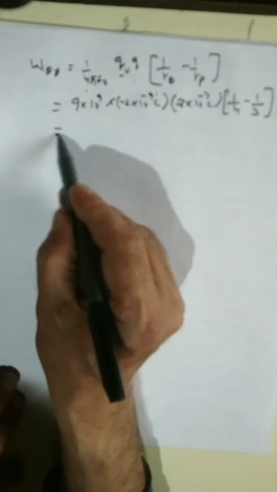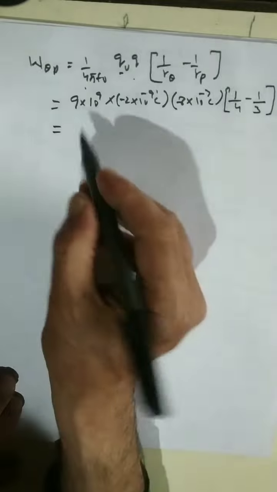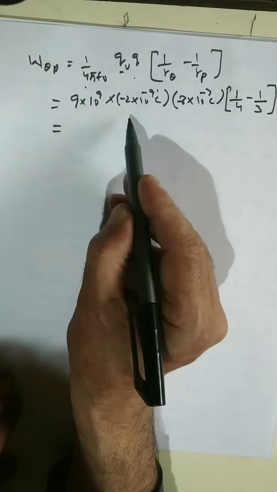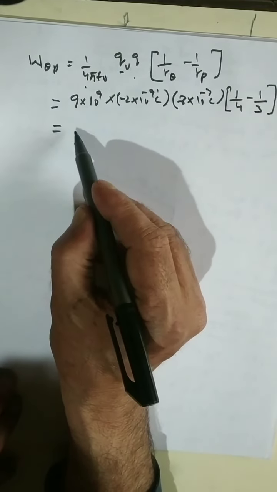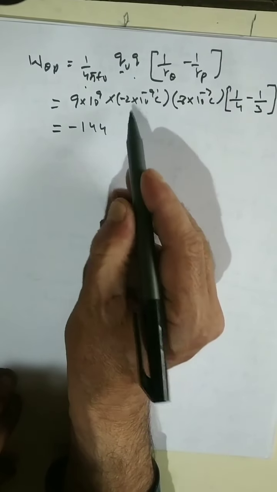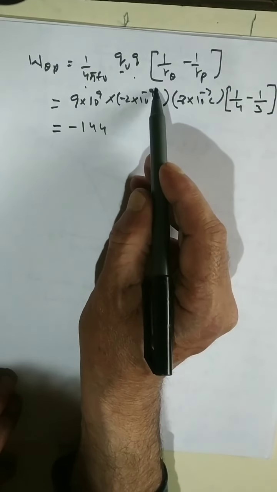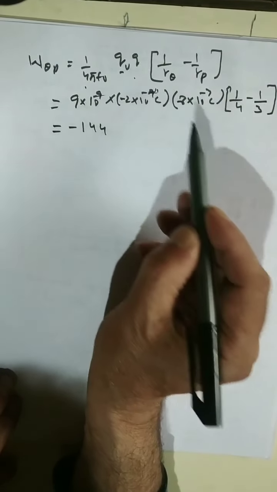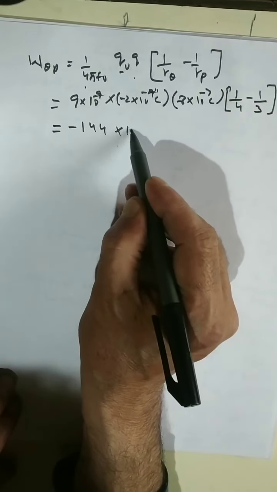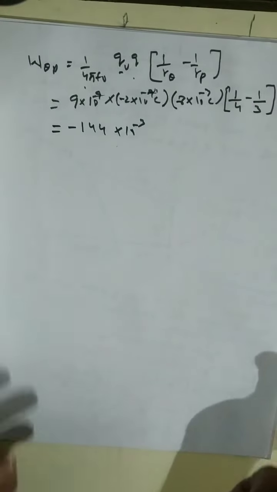Calculating this, it comes out to be 72 minus 144 into 10^-9 plus 9, this will go, 10^3.